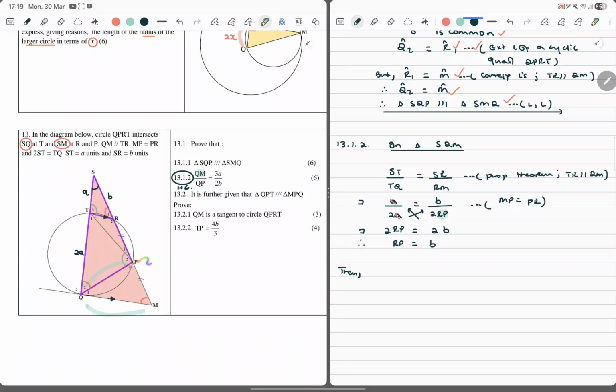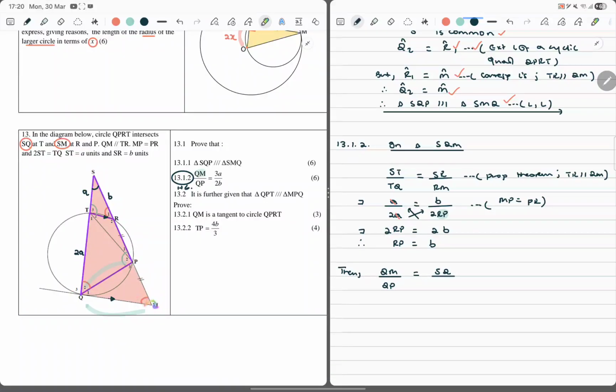we know that we can use the proportionality of these sides because now we want QM divided by QM is opposite that angle, and this angle on the smaller triangle is essentially opposite QP. Must be equal to, so we're going to choose the sides that we know. So I'm going to choose SQ over.